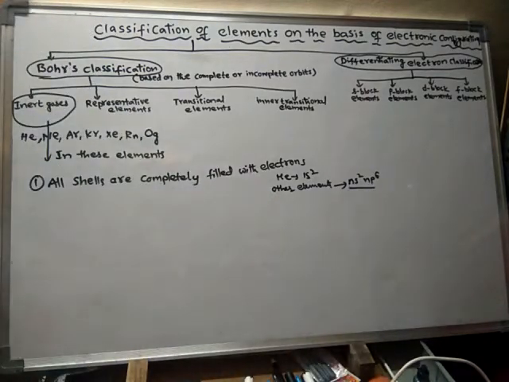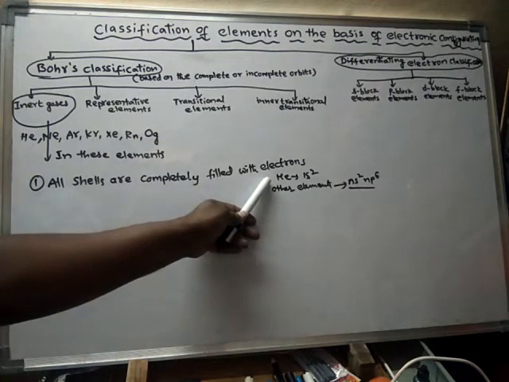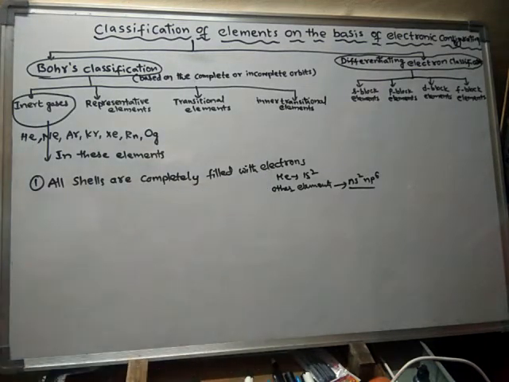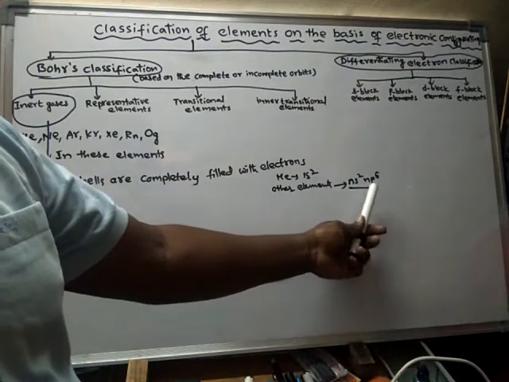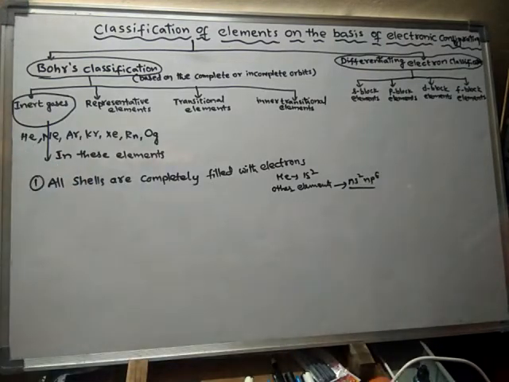Remember that except helium, except the first orbit, for all other orbits the maximum capacity of the outermost orbit will be 8. So here they possess 2 electrons in s and 6 electrons in p.